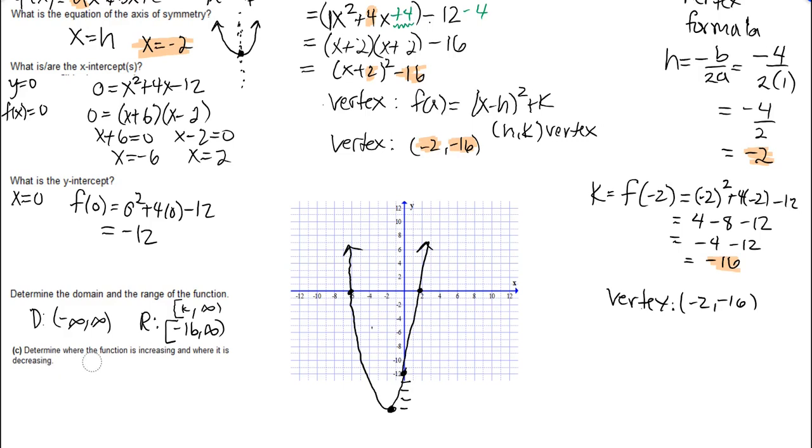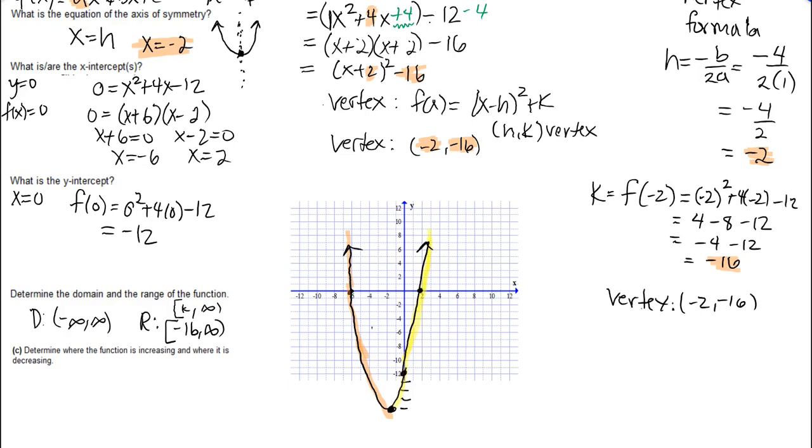Finally, we want to determine where the function is increasing and where it's decreasing. If I trace this graph going from left to right, I can see that the y values are decreasing along this section and then increasing along this section.